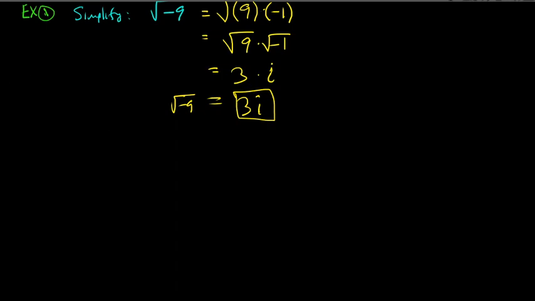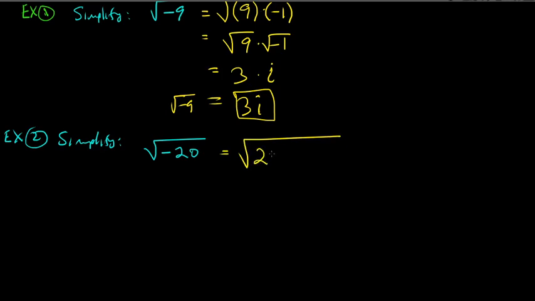Let's simplify the square root of -20. The first thing to do is break it up with the positive part: 20 times -1. So you get the square root of 20 times the square root of -1. Now the square root of -1, that's just i.